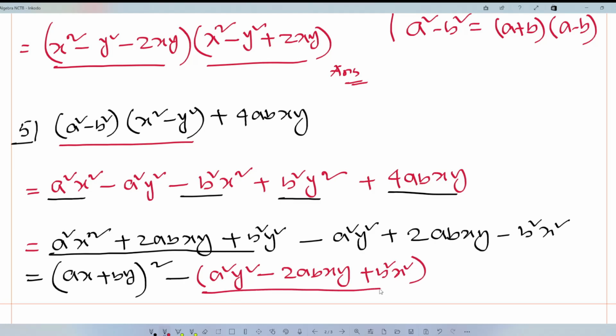So this one also we can write like, here is ax plus by whole square minus ay minus bx whole square. Okay, so it's looking a and b, so a square minus b square.